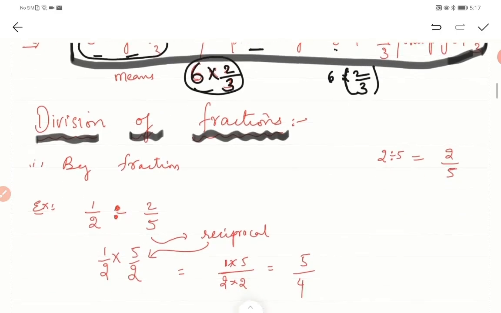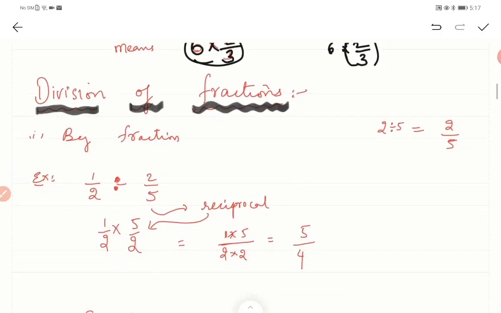Okay, so what about division of fractions? It's also very simple. First, let's go for division of a fraction by a fraction only, that is 1 by 2 is a fraction, and it is divided by 2 by 5, which is also a fraction. Okay, so what you will do here is, we know that division is just the reverse of multiplication, isn't it?